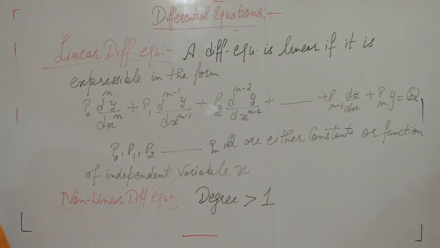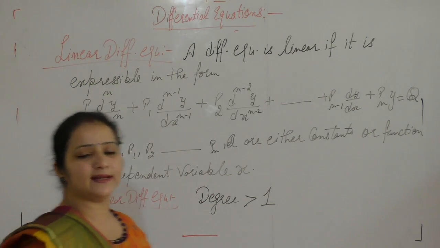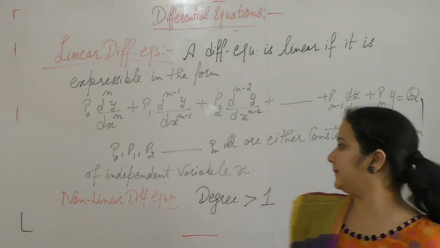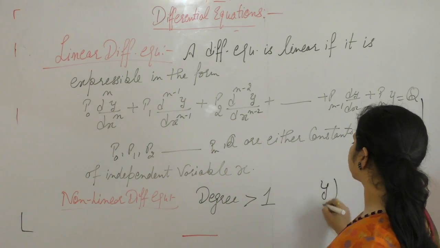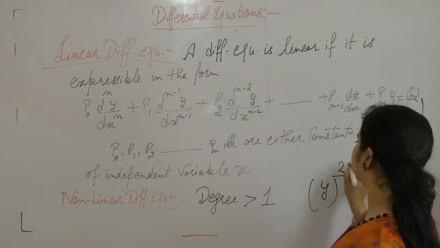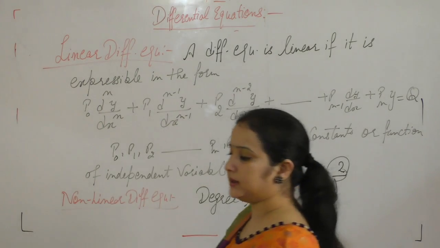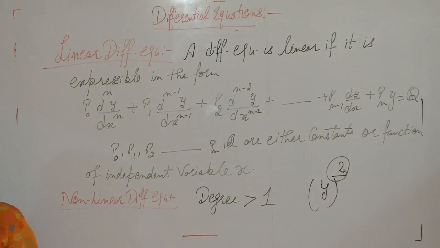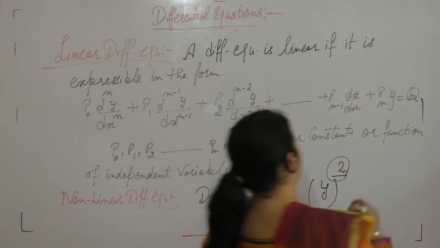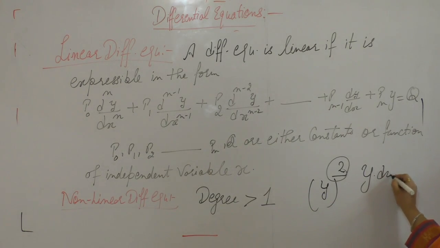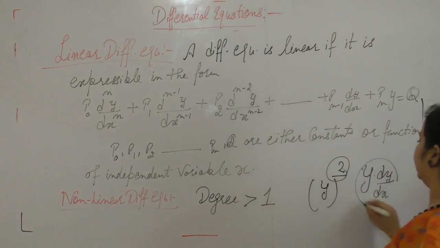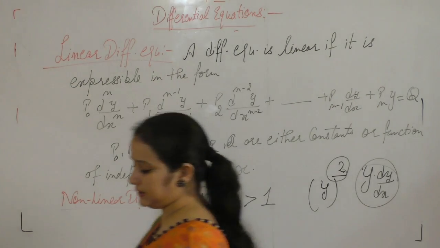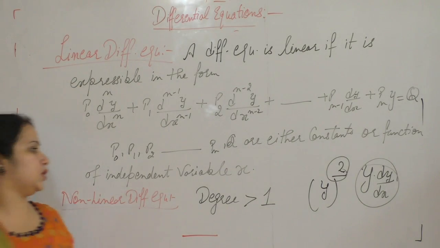Exponent of dependent variable is y in here. Dependent variable is y. If exponent of dependent variable is more than 1, then it is called non-linear. And if the product containing dependent variable and its differential coefficient is present, then it is called non-linear differential equation.